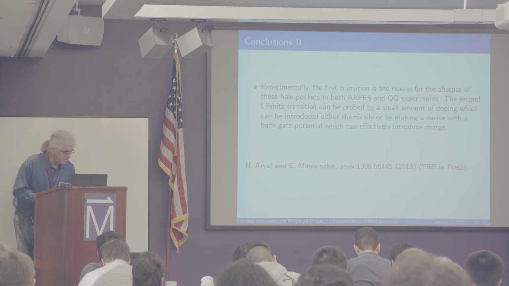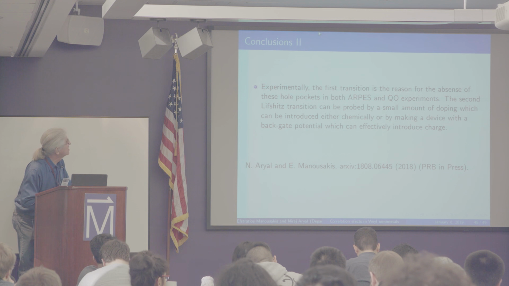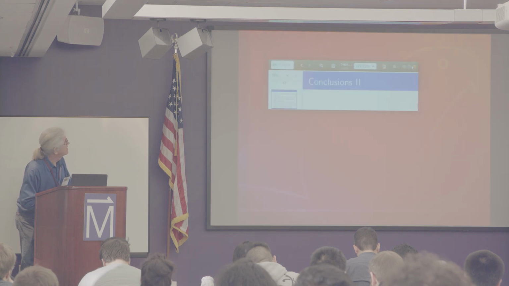I mean the interpretation of this in terms of some simple models, because the question is what's happening to spin-orbit coupling and things like that. People ask that question.